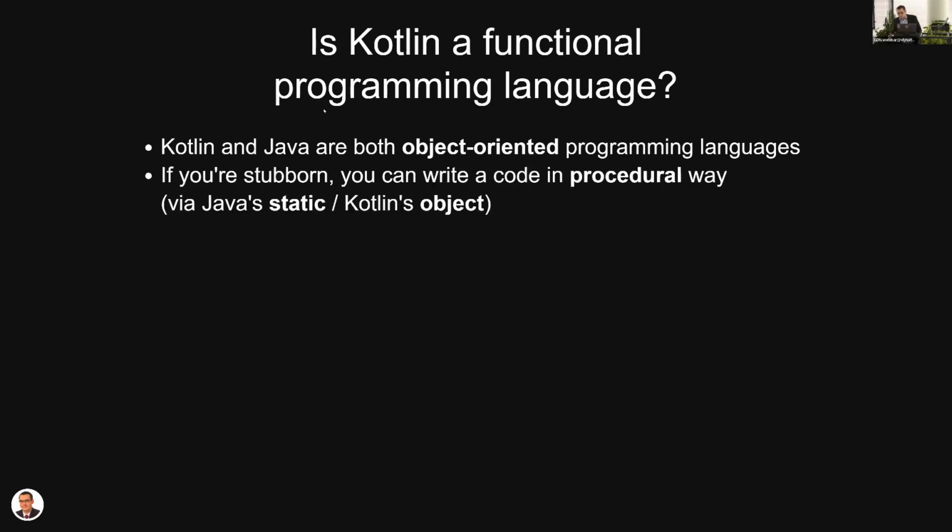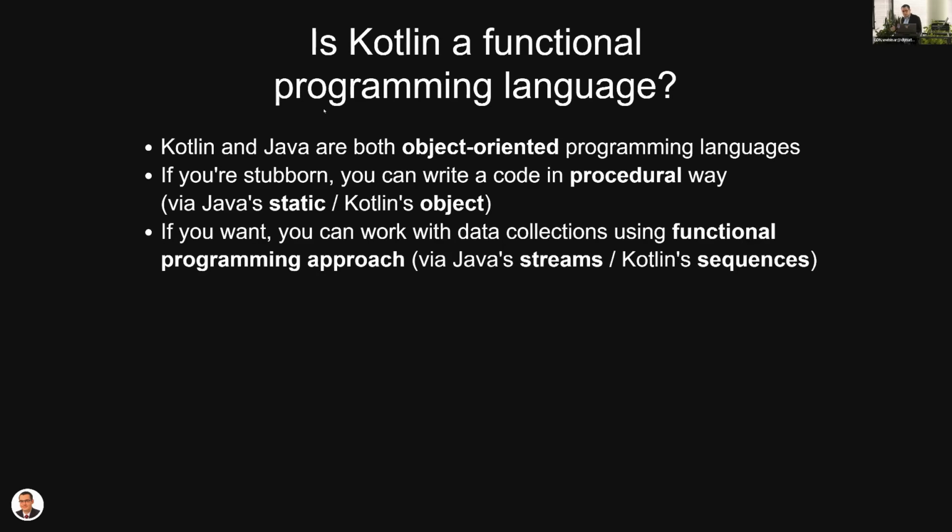If we're stubborn, we can write code in a procedural way. If we write everything in Java using the static keyword, or if we put a lot of stuff into Kotlin's object, we can skip this objective part more or less, but it's not the way how we code usually. And if we want, we can work with data collections in this functional programming approach, as we've seen today, but it's not mandatory.